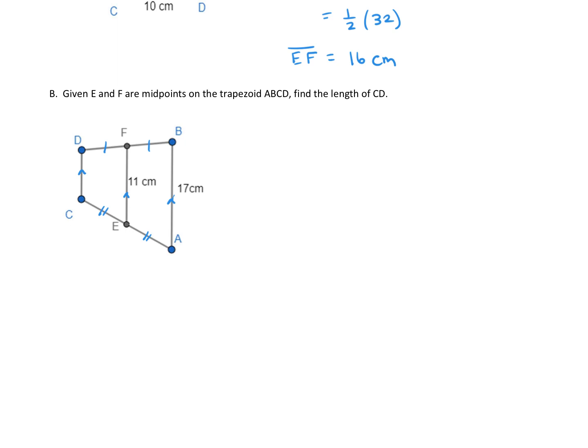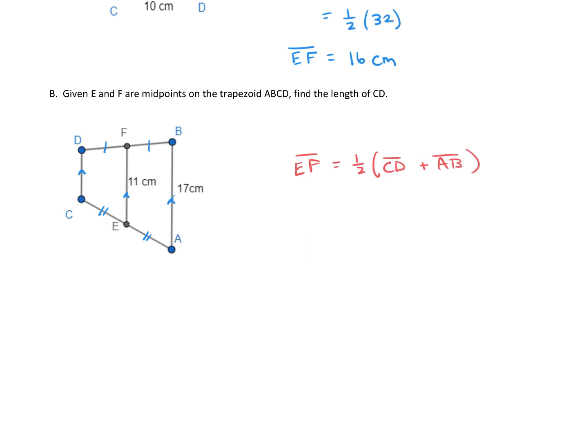The difference on this problem is, well, one, our trapezoid is on its side, and two, we're asked to find one of the bases versus the mid-segment. So we are going to still follow our formula. We know that the mid-segment EF is equal to half of the sum of the bases, so CD plus AB.